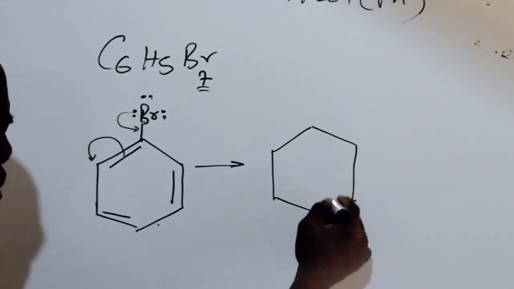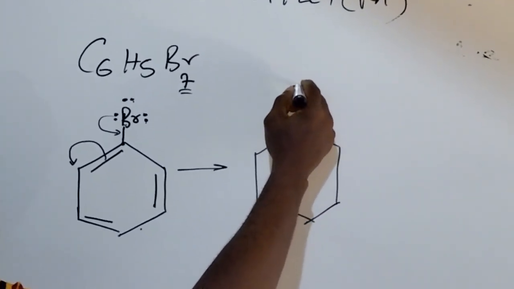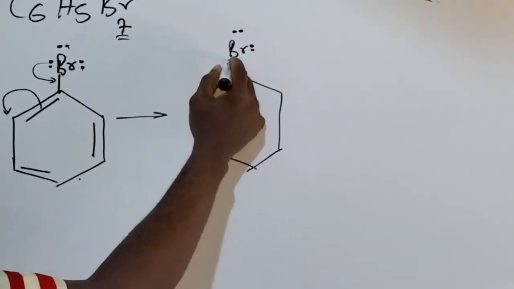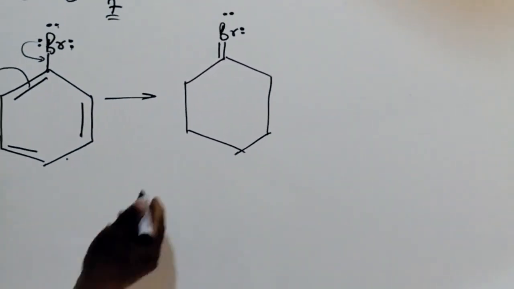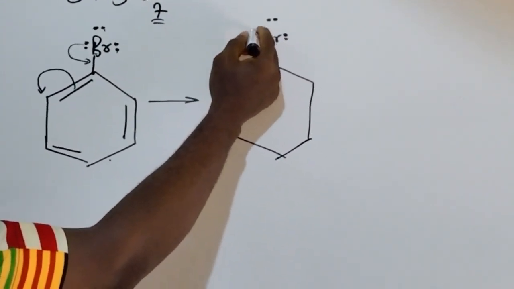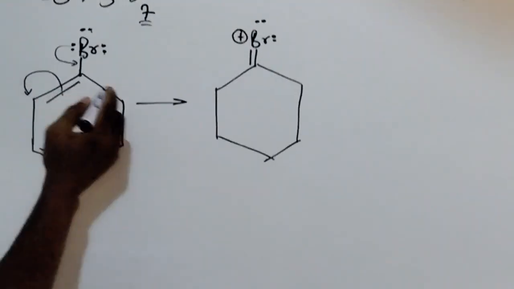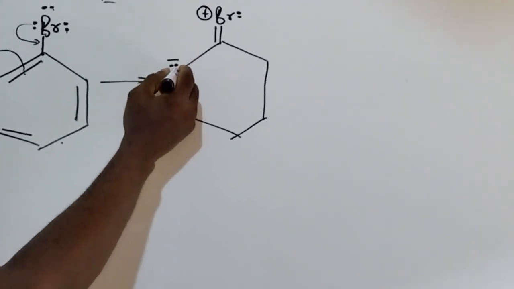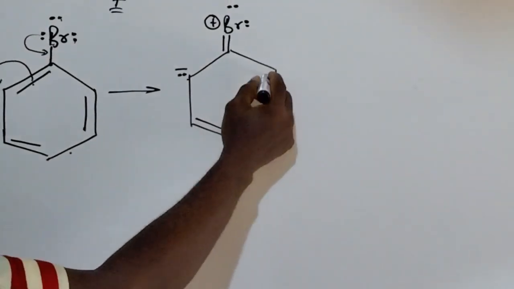Bromine now has 4 remaining electrons, and this electron is shifted here, becoming a double bond. Because bromine has lost electron, it is electron deficient and becomes positively charged, like a cation. This electron shifts to this carbon, making it negatively charged.